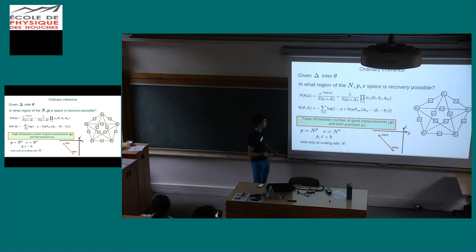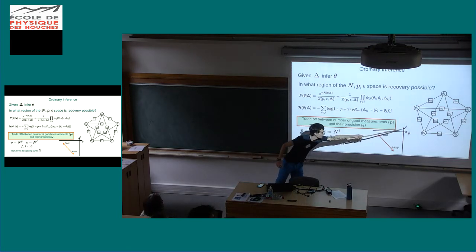I mean, we expect that there will be some kind of trade-off between the number of good measurements and their precision. We also look at this kind of scaling of the variables. So we define p hat and epsilon hat in the following way. And we assume that they both go to 0, p and epsilon go to 0 as a power of n. And then we look at the plane epsilon p.